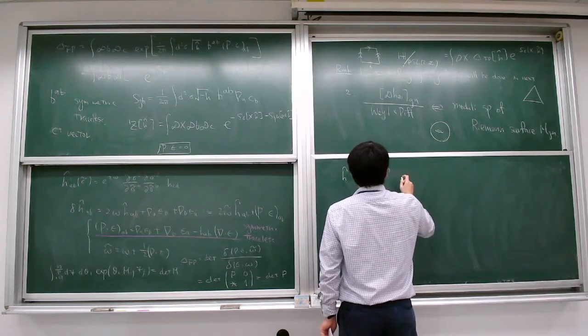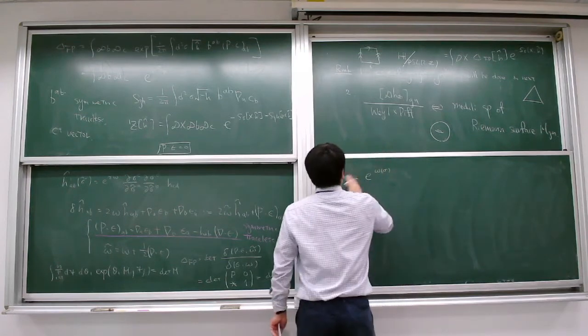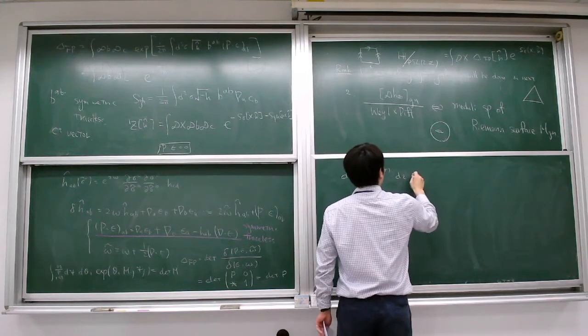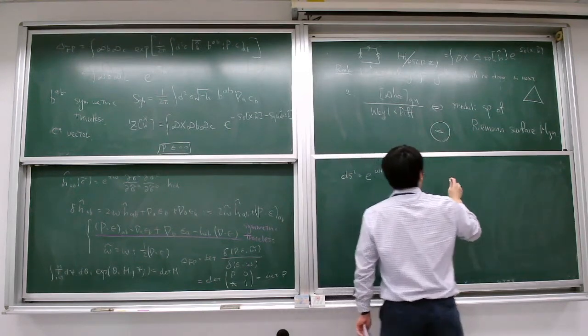As I mentioned, you can always put the metric as h hat as, okay, ds squared is dz and then dz bar. This is called the conformal gauge.